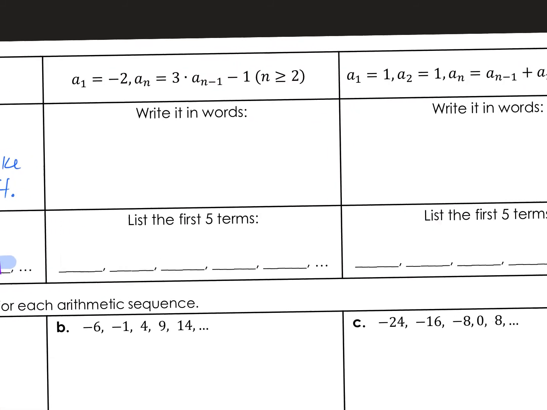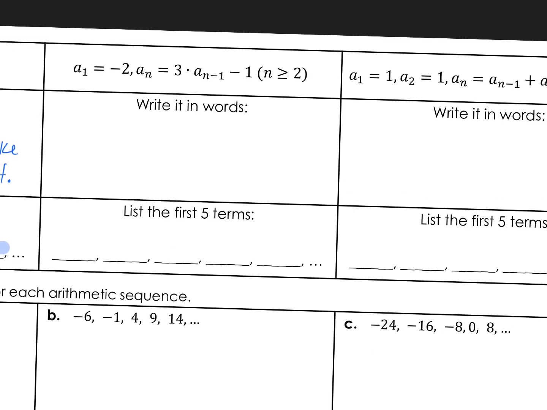So if I look at this next one here, a1 right here is going to be my starting value. So I'm going to make sure I start at -2. So -2 goes right here. And then I want to triple the term before and then subtract.